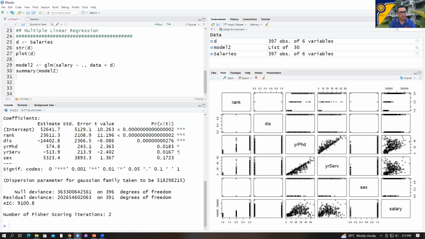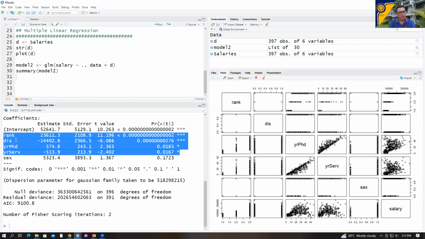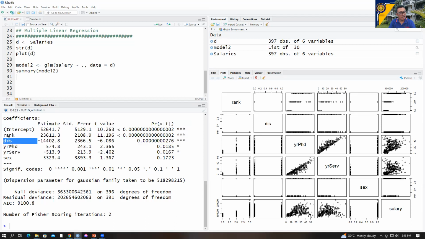We are able to determine four significant relationships: rank, discipline, the years in PhD, and years in service. The years in PhD and the years in service are significant relationships, while for rank and discipline, you'll notice three stars here, and the values are almost near 0. So you can see that rank and discipline have very highly significant relationships with salary in our model based on this data.